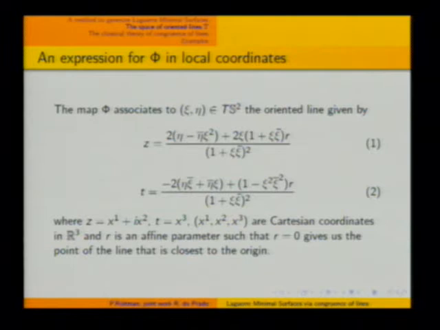The first two coordinates in the horizontal plane, so z is a complex coordinate, is given by this. R here is just an affine parameter. Okay, so you go up and down in the oriented line. And the vertical coordinate, I'll call this t. Okay, so if you have ζ and η, you have this oriented line. This is the expression.